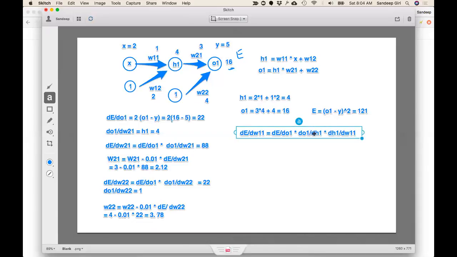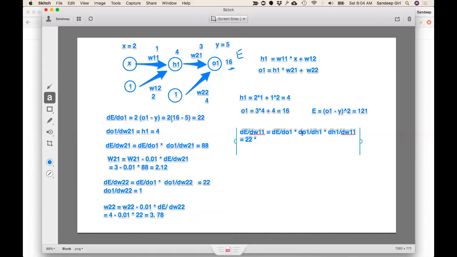Okay, so H1 is this, right? When we differentiate this with respect to W11, we get X. So here, let's just help me in this computation. Rate of change of error with respect to O1 is 22. So you can see that whatever we computed earlier is getting into use.